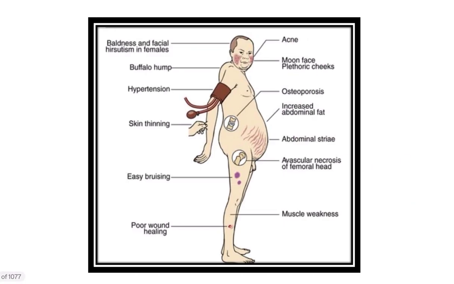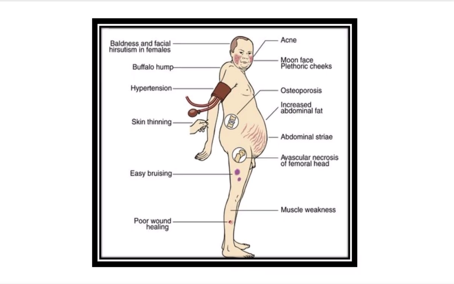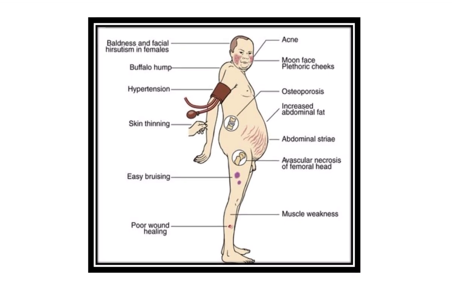And here we can see the clinical features of the excessive glucocorticoid activity from upward to downward. Baldness and facial hirsutism in female. Buffalo hump, this is the buffalo hump. Development of hypertension. Why hypertension? Because there is retention of sodium and water by this glucocorticoid.